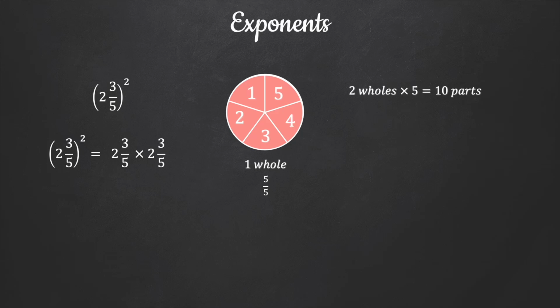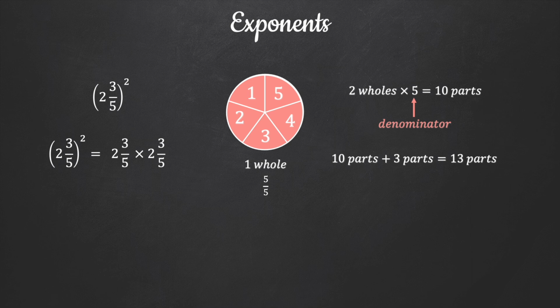So because we have 2 wholes, we're going to multiply it by 5, which is our denominator, and that would give us 10 parts. That's because if we had 2 circles, each one of them would have 5 equal parts, and because they both have 5 equal parts shaded, in total, that would equal 10 parts.